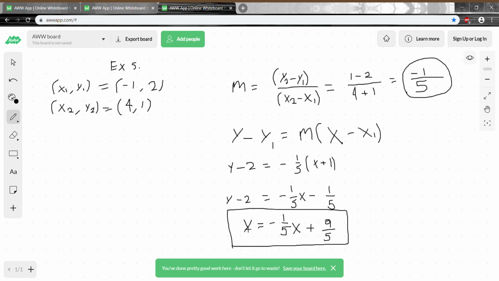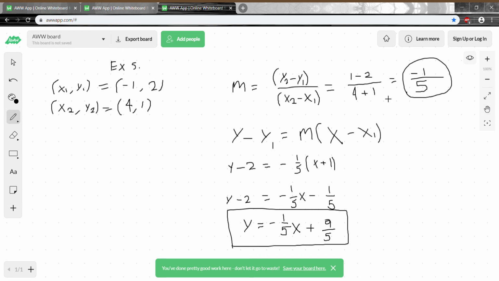Okay, now that we know how to use point slope form, I'm going to skip example 6 in the textbook, and I'm going to go to solving systems of equations with example 7 on page 468.